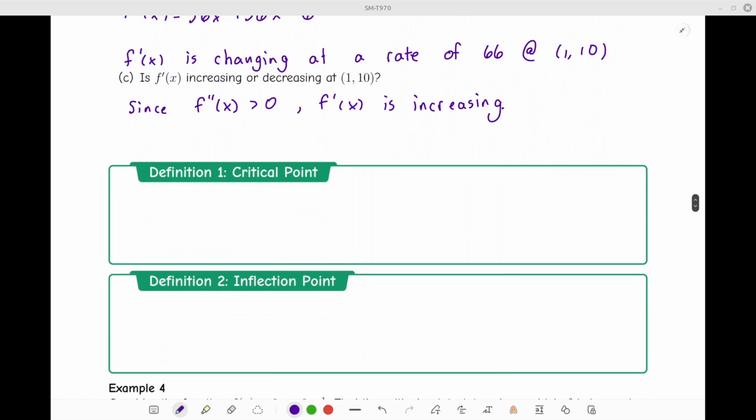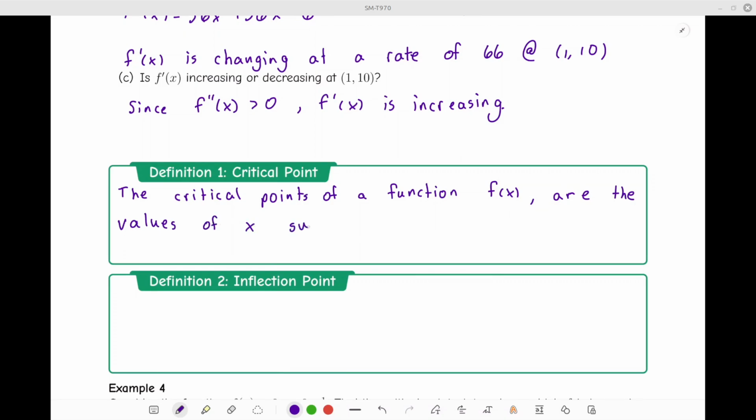So a couple definitions. Critical point. The critical points of a function f of x are, that should say points, the values of x such that f prime of x is equal to 0, or f prime of x is undefined.